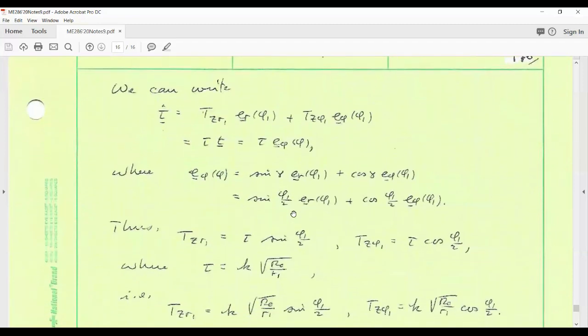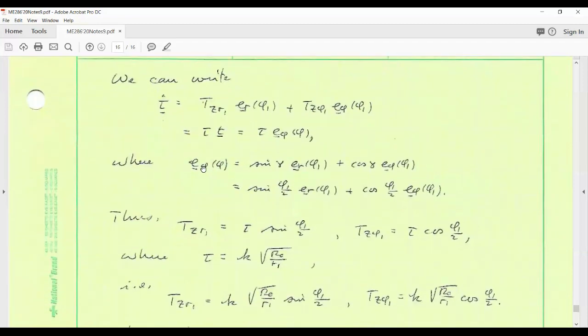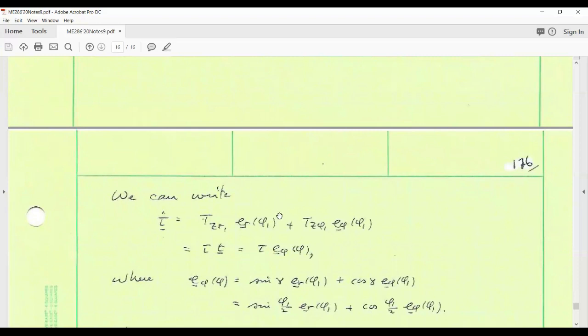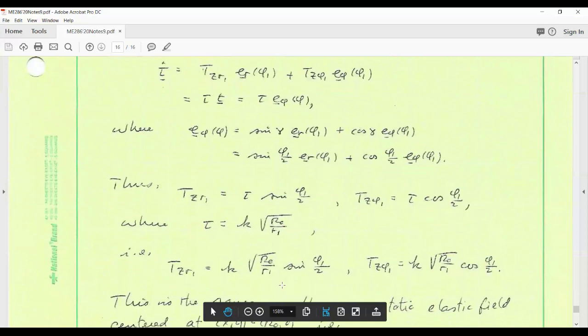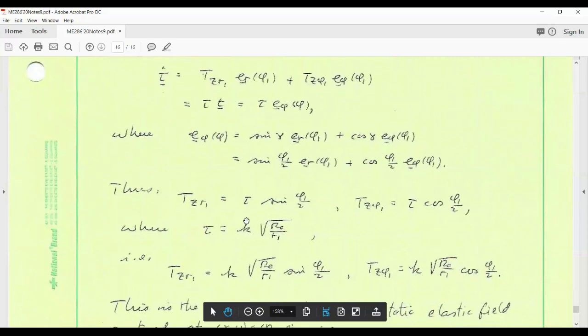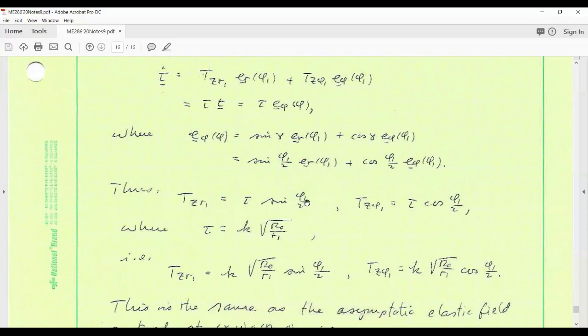So we should then decompose E phi at phi in terms of the phi1 basis, ER at phi1, E phi at phi1. From the diagram we just had, you can see that will involve the angle gamma, which is phi1 over 2. So we can conclude then from this that TZR1 is tau sine phi1 over 2. TZ phi1 is tau cosine phi1 over 2.